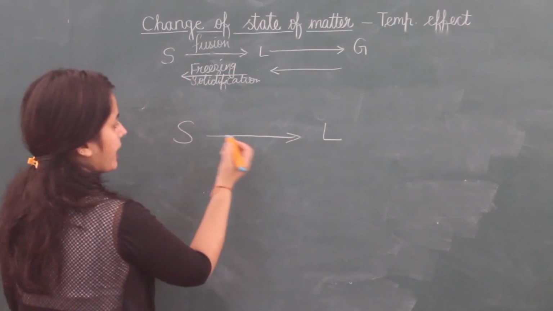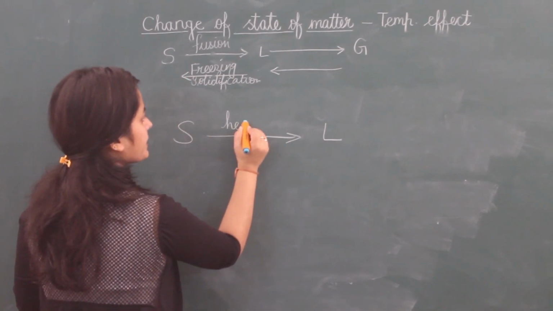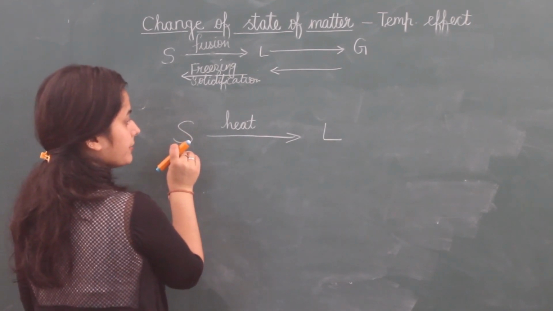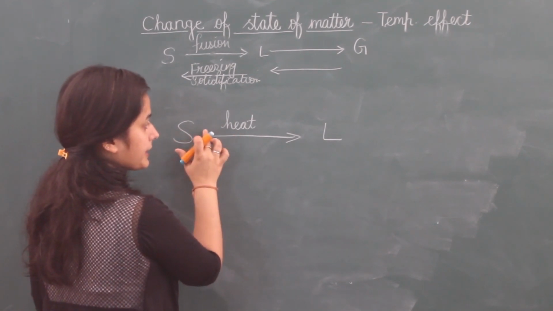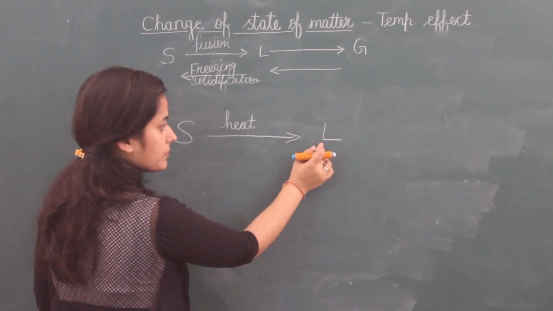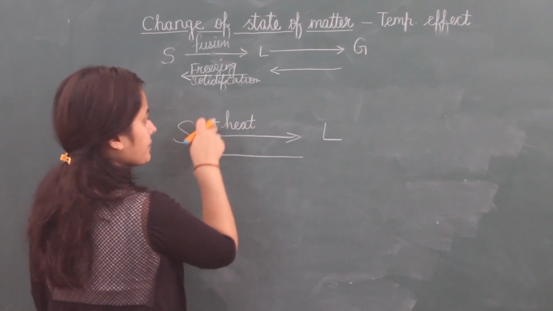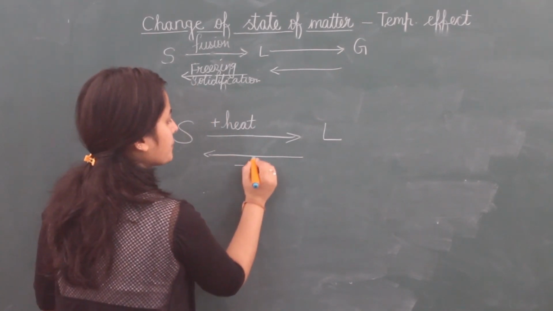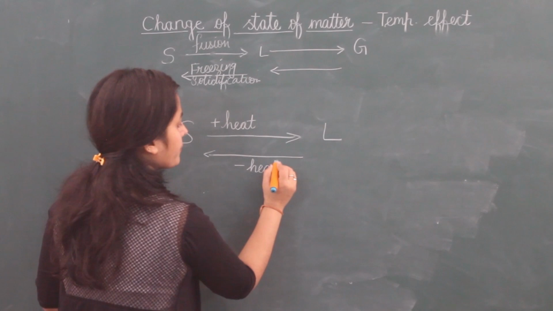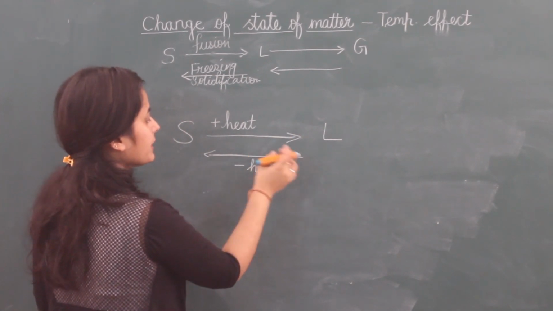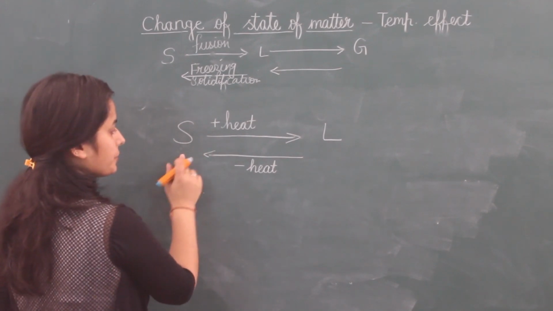To change solid to liquid, we give it heat. When we give heat to solid, it takes its latent heat and converts into liquid. Here we are giving heat. Now we have to remove this heat. When we remove heat from the liquid, the same heat as we have given, then this liquid will convert into solid.